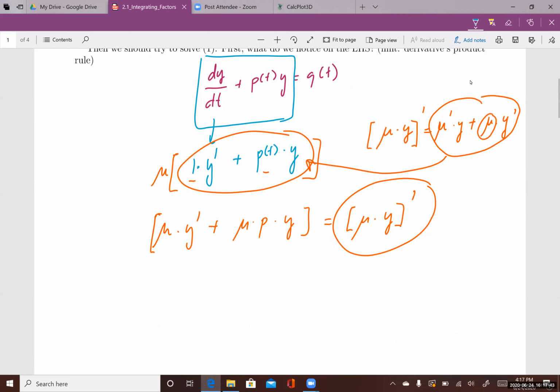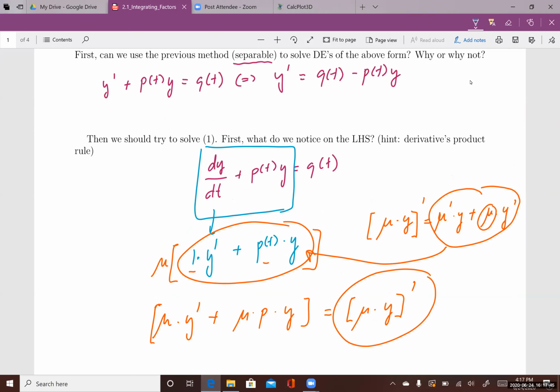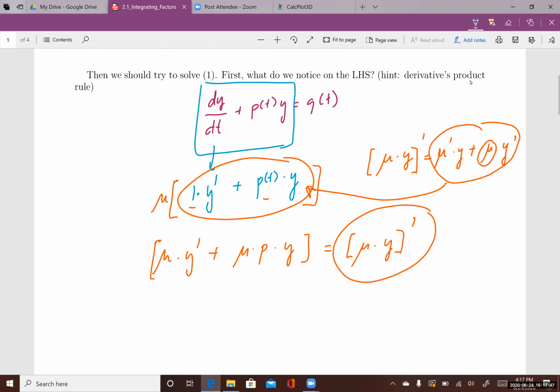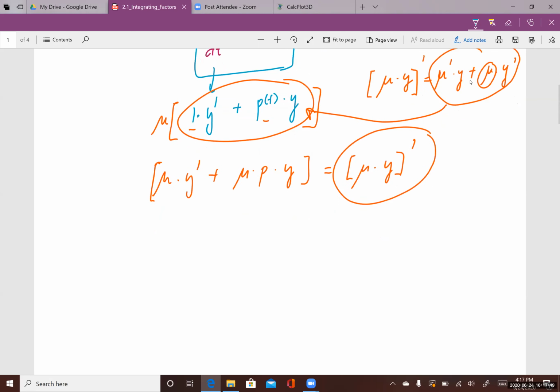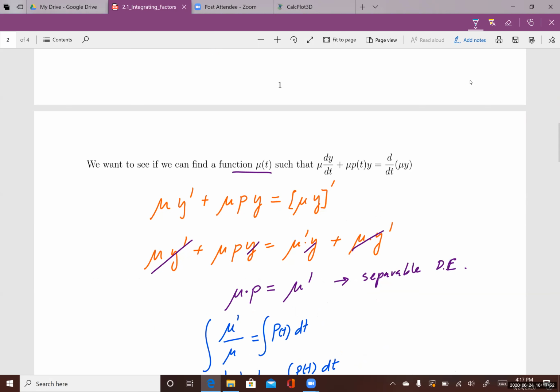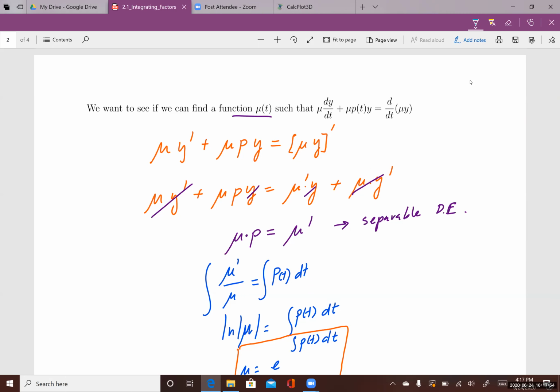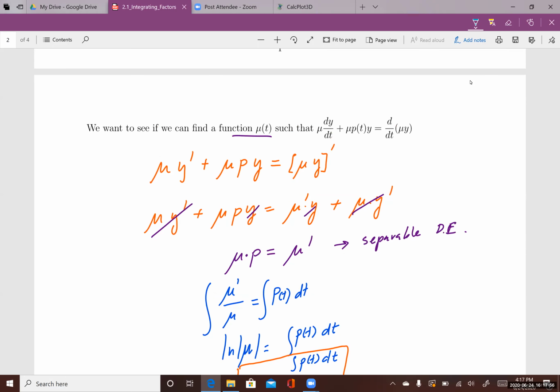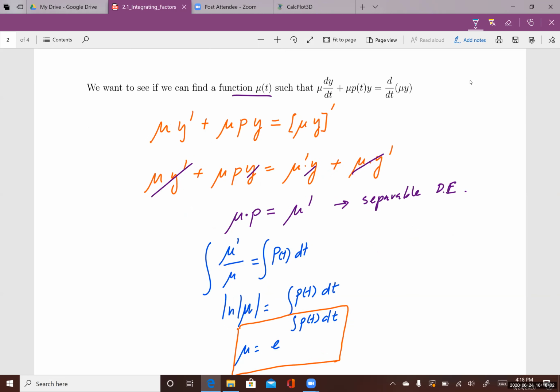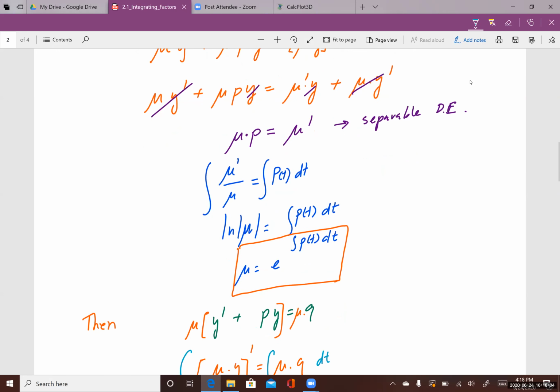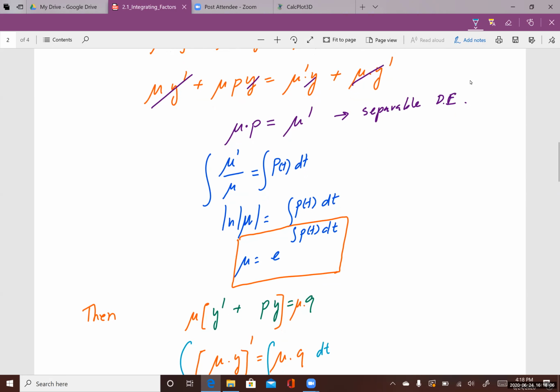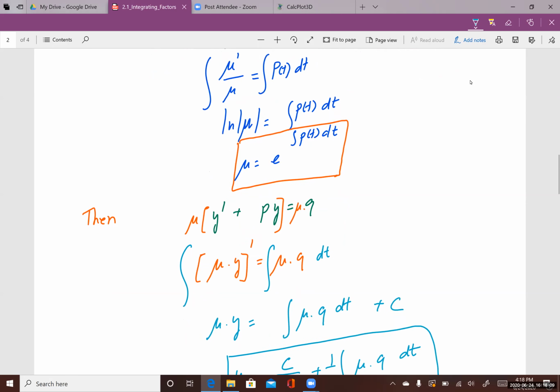Again, we're trying to find the solution y for this equation, and using a trick of the product rule of the derivative, I multiply a mu function to both sides of the equation, so then I can manipulate the derivative in order to solve for y at the end.